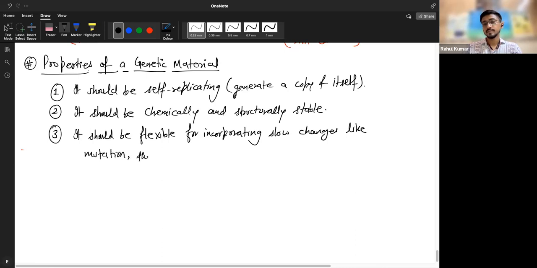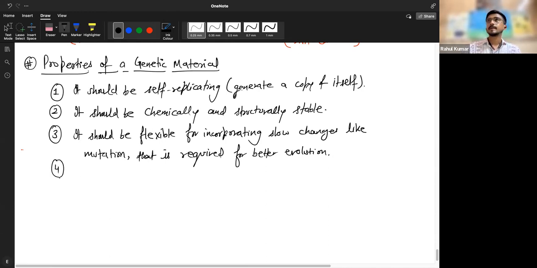Okay, that is required for better evolution.